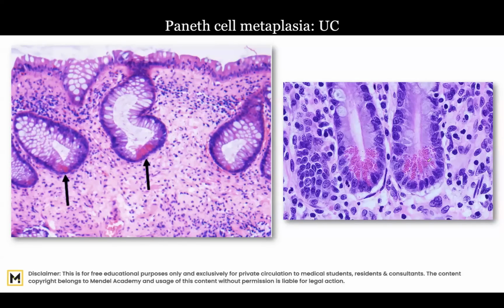The second thing is that they also function as stem cells, and they give rise to new cells once the old cells are shed off, or they cause regeneration. But getting them in the colon is really a very spectacular finding. Now, again, if you have to notice these Paneth cells, you have to really go high power. So when you are diagnosing a case of IBD, never ever give it unless you take a look under the high power mag. That is essential.